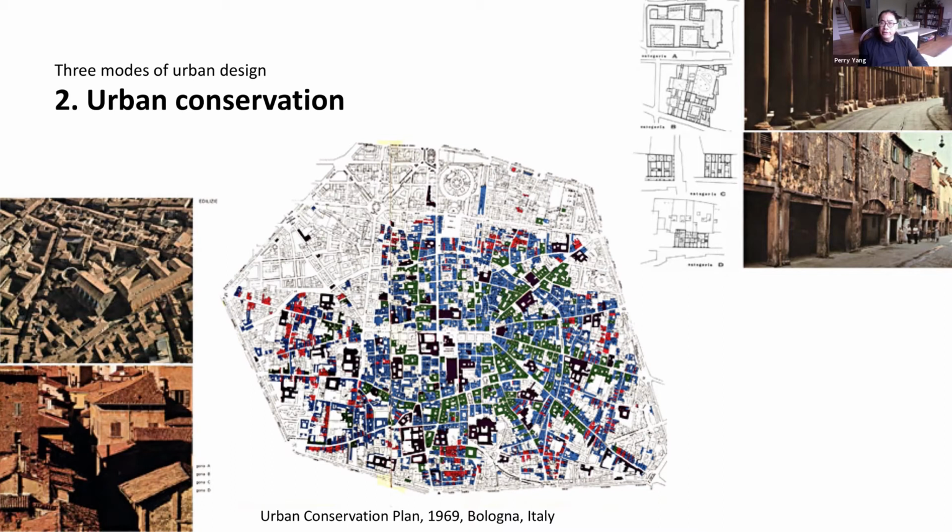It's difficult to mimic that quality. Therefore, the only strategy of urban planning is conservation, to preserve and protect what it is. So that's the clearly defined mode of urban design called urban conservation.